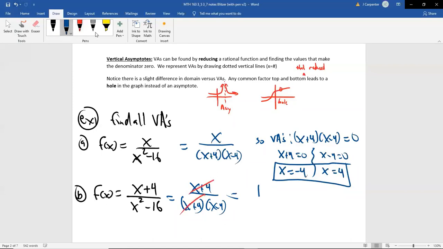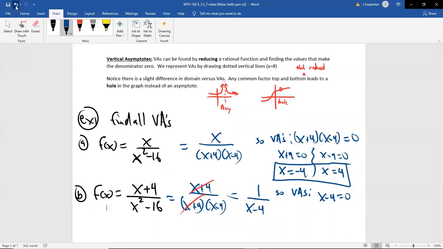If the top goes away, you need a 1 in its place, giving us just 1 over x minus 4. So our vertical asymptotes are not setting x plus 4 and x minus 4 equal to 0. It is only setting the x minus 4 equal to 0.